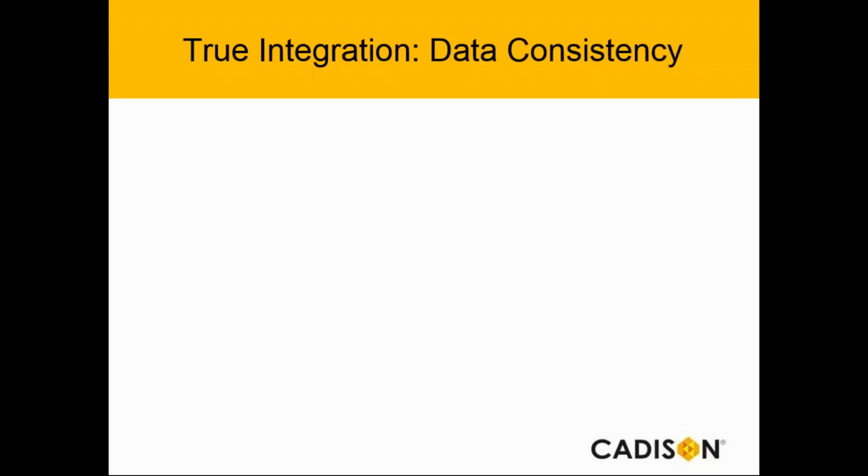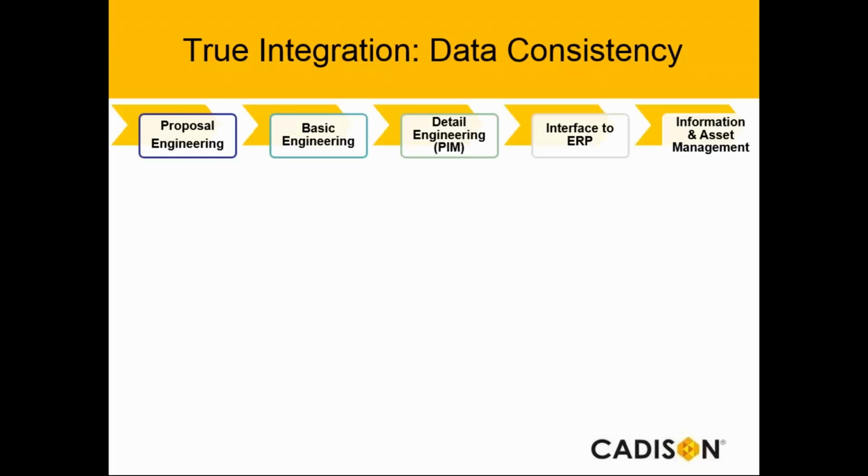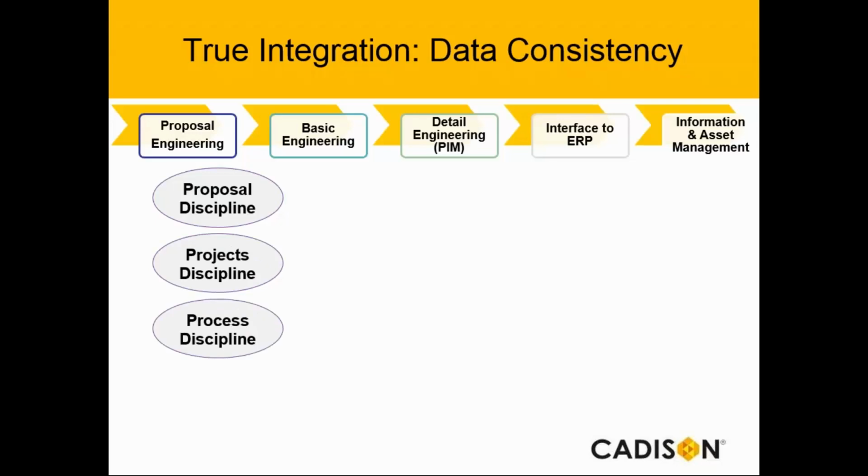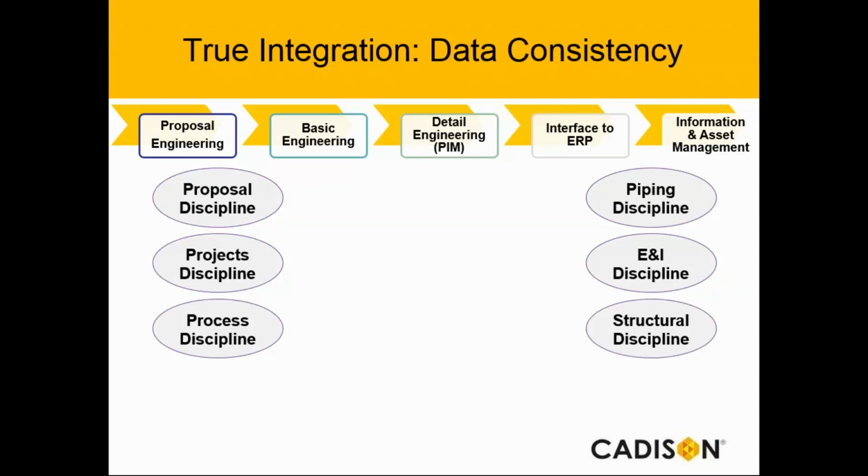While we know that design isn't a linear process, the design of process and power plants constantly evolves and modifies as it iterates across multiple disciplines. These disciplines are teams like proposals, projects, process, piping, E&I, structural, and many others.